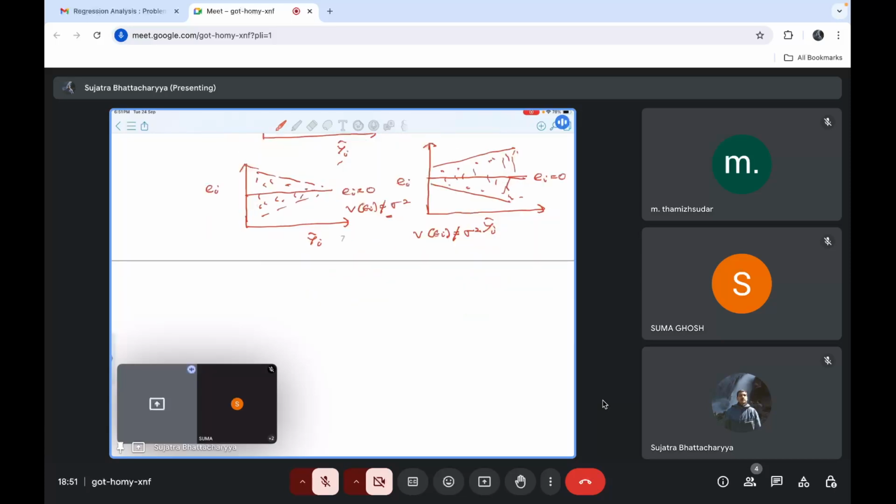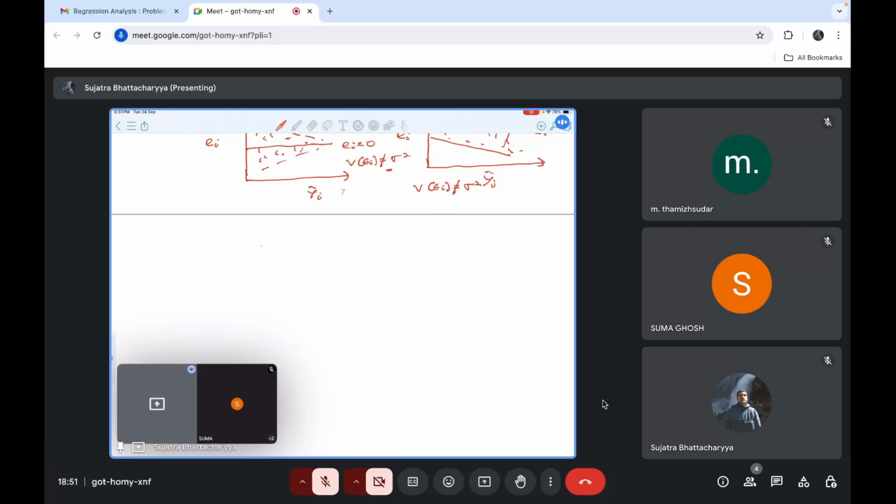Of course, there are other residual plots where the same variance assumption is violated: a double bow kind of structure, and the presence of nonlinearity. So this is your e_i, this is your y_i hat. In the last two lectures, we have been doing this only. This is your e_i equal to 0, and this is also your e_i equal to 0.